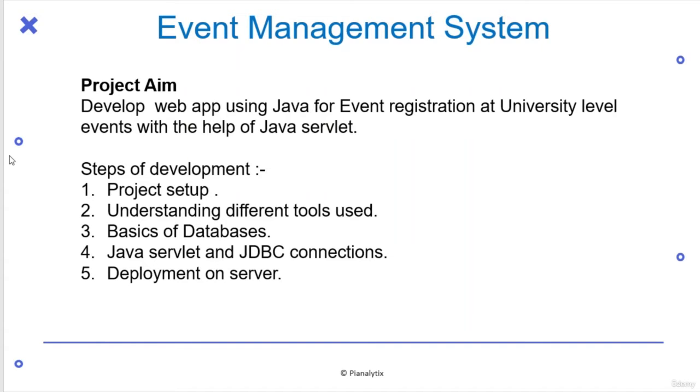And after that, the deployment and debugging of our project. So we are going to build an event management system and develop a web app using Java for event registration at university level events with the help of Java servlet. This is our main aim.